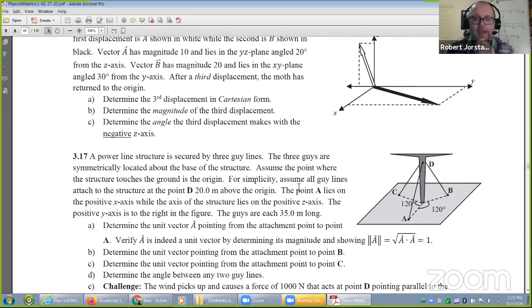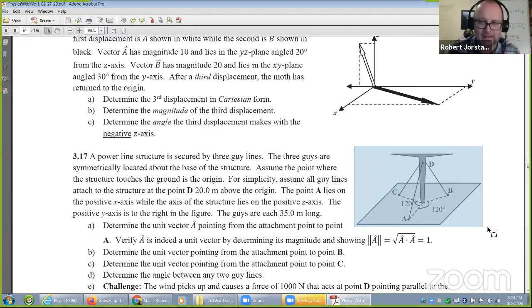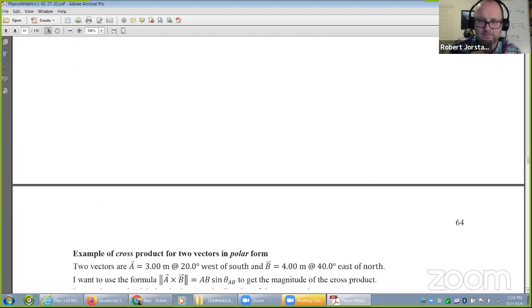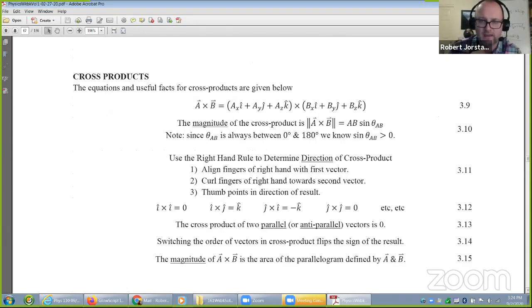Maybe you want the angle to be something and design it a certain way, so you need to do some math that gives you the output angle. And maybe you want all the cables to be pulling at right angles because that's a good design. You would have to do some math to figure out some dot products so that you could figure out if these angles are right or not. That's why we're doing this. In real life, there's a reason you might care about this stuff. Right now, we're just doing the math.